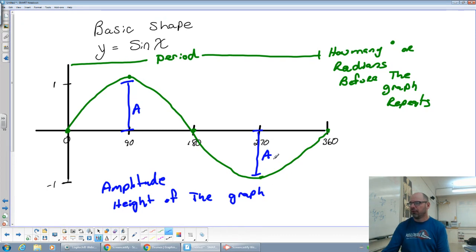Okay, this is a max, and this is a min. And what we call that line in the middle is the equation of the midline. So this line right here, we'll do it in purple.